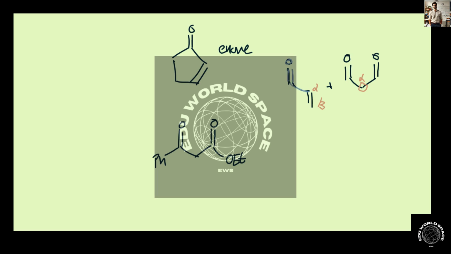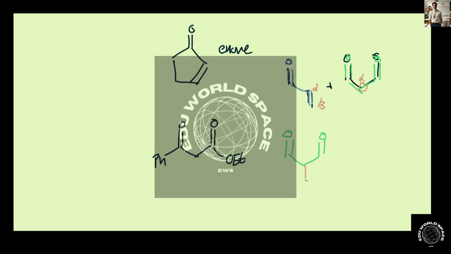If I put this in blue and I put this in green, okay, the green portion will pretty much all remain the same. We'll get a new bond, which I will draw in red, between that alpha carbon and the beta carbon.